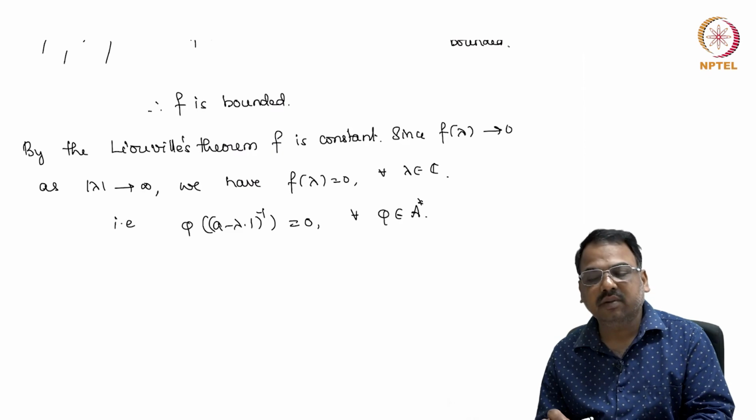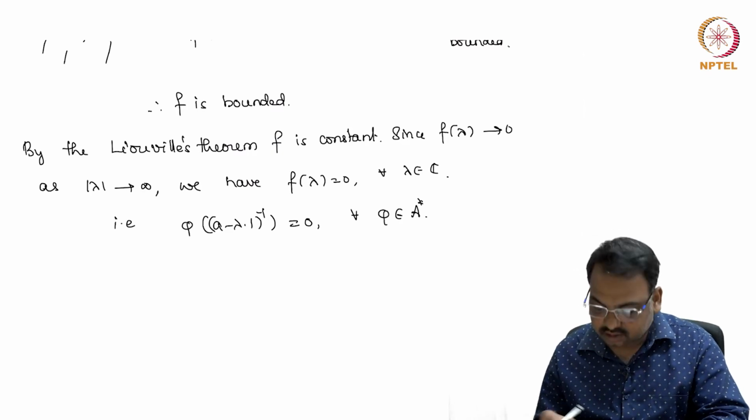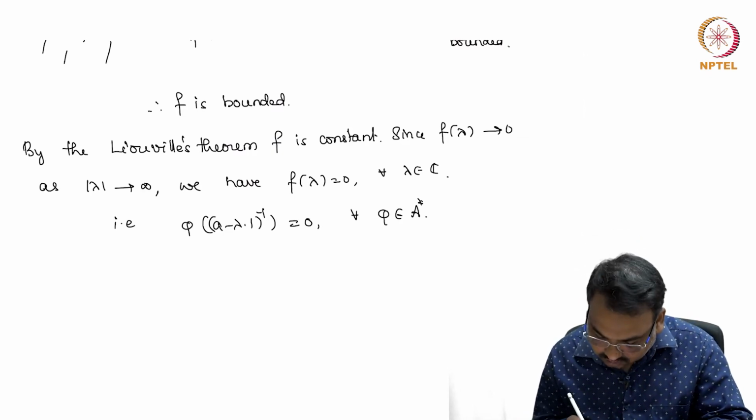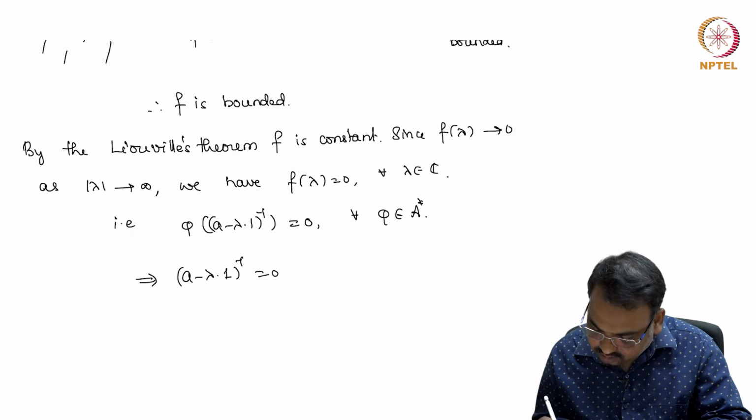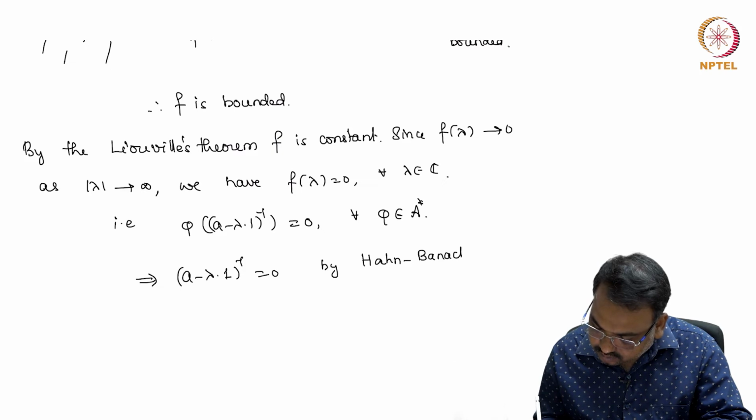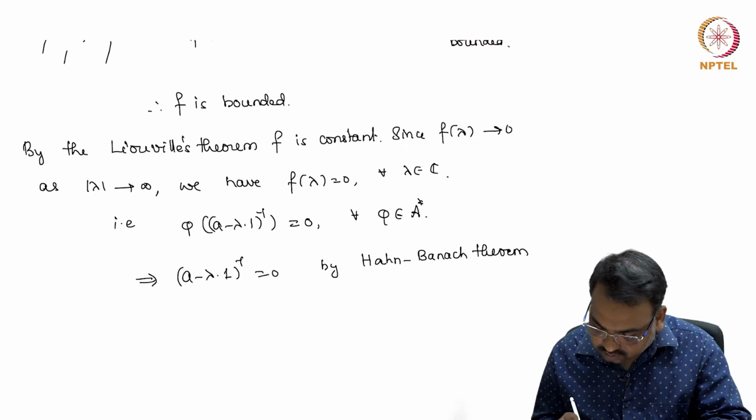So phi of an element is 0 for every phi in A star, and by an application of the Hahn-Banach theorem, (A minus lambda 1) inverse is 0. So this is a contradiction.